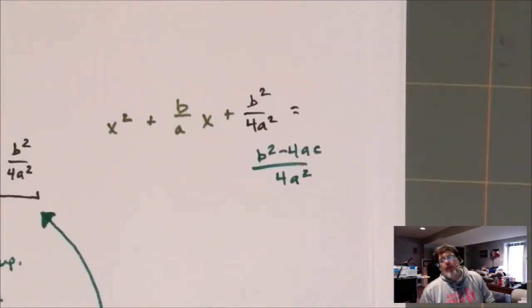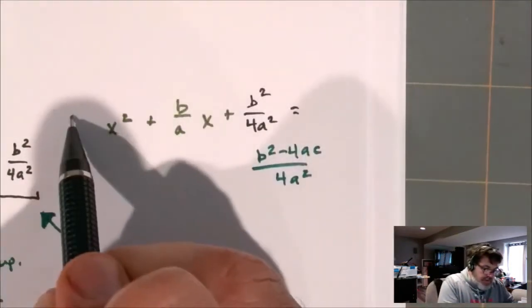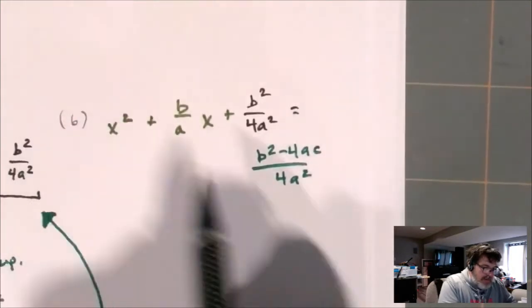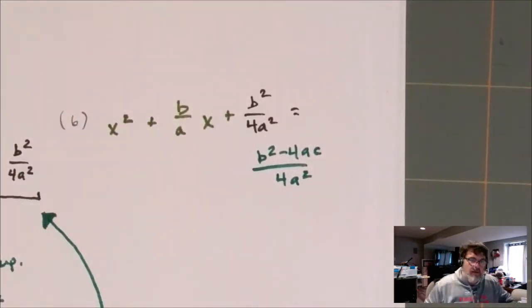Okay? That's where I am right now. So I'm going to call that equation 6, and I'm going to go to a fresh sheet of paper. I could jam it in, but I don't like the fact that I had to do that. So we're on equation 6.